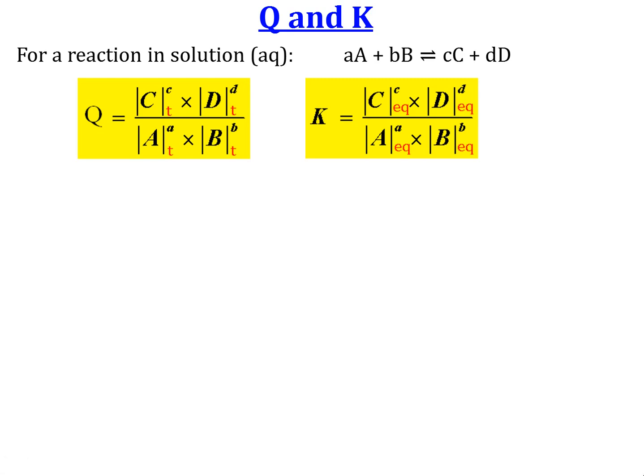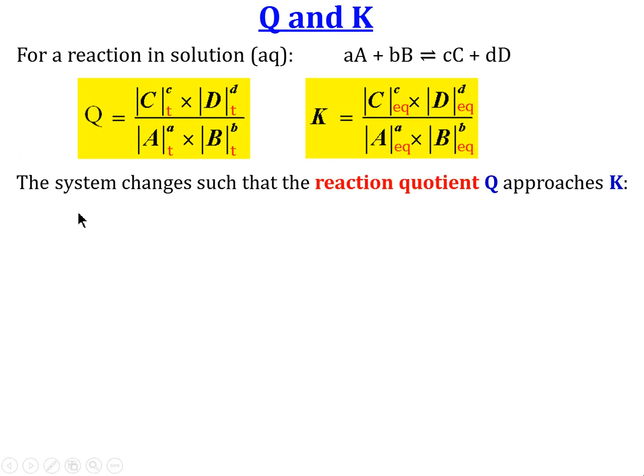And as you know, the equilibrium constant is calculated from delta G0. Delta G0 equal minus RT ln K. So we have one value of delta G0 of the reaction. That means we have one value of the equilibrium constant K. But the comparison of K and Q gives us indication about the system change of the reaction.